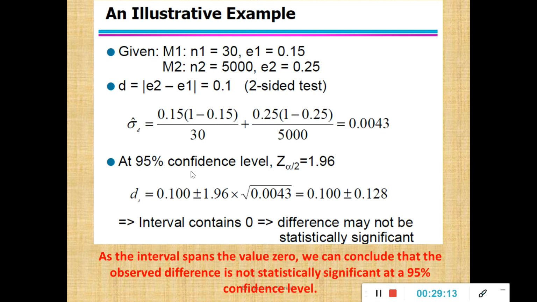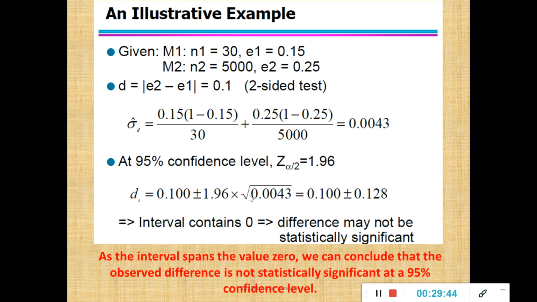Now please pay attention. Again I repeat, at 95% confidence level, the value of Z alpha by 2, that is your confidence interval, is 1.96. I substitute into the equation wherein the true difference is equal to the observed difference. We have got 0.25 minus 0.15 as the observed difference, plus or minus Z alpha into the standard deviation. If I take the square root of the variance, I'll get the standard deviation.